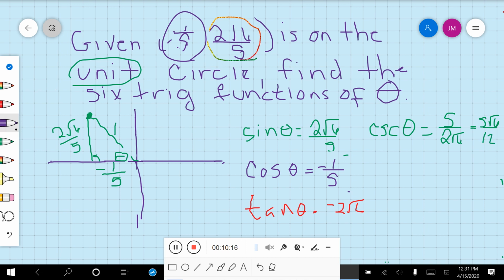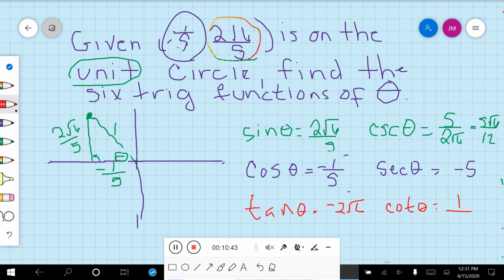Okay, then we want the secant of theta. The secant of theta is simply the reciprocal of the cosine. So if the cosine is negative 1/5, the secant is negative 5. And then the cotangent of theta is the reciprocal of the tangent.